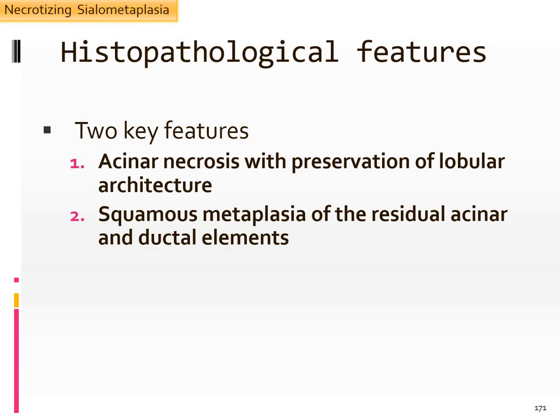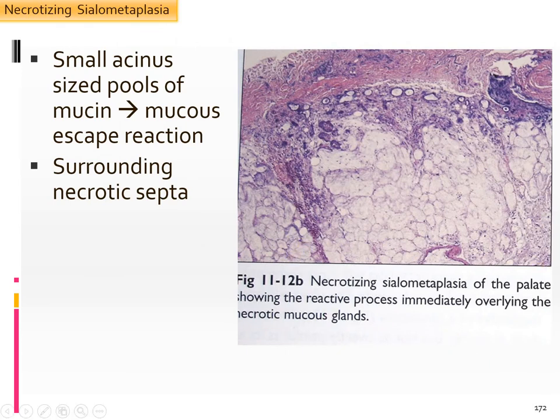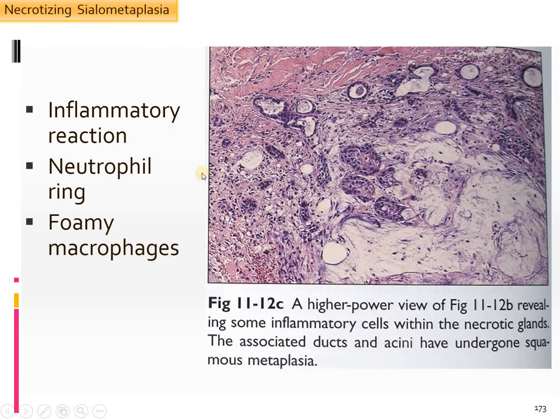Second important feature, you will not see salivary gland acini and ducts, but instead you will see squamous metaplasia. So let's have a look at it. So you can see a lobular pattern. You can see there is an outline over here, but the central area shows necrosis. Second important feature, you can see islands, squamous islands, and there may be foamy macrophages associated.